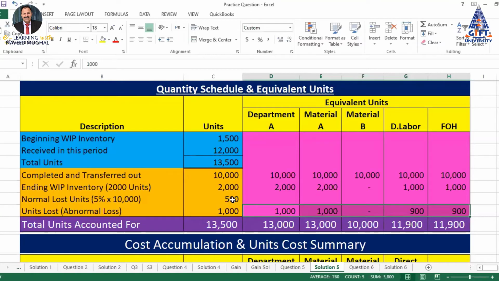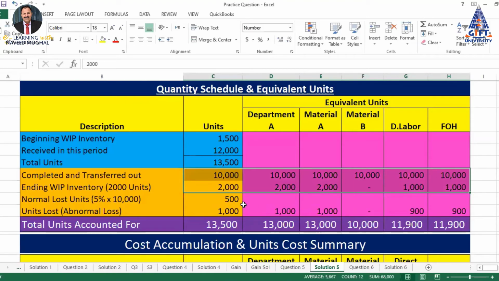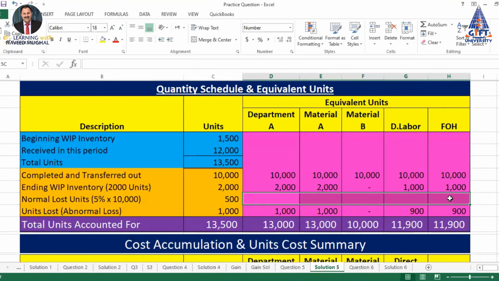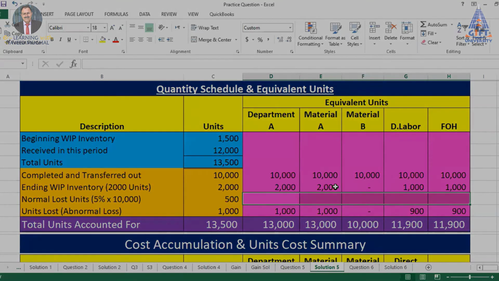But when we have a normal loss and that loss is spread over all production, whether it is good units in finished products or in work in process, then we will not add these normal loss units into calculation of equivalent units. Hope you have understood this concept very well and can apply this while calculating your equivalent units.